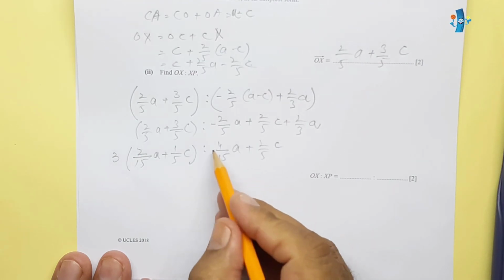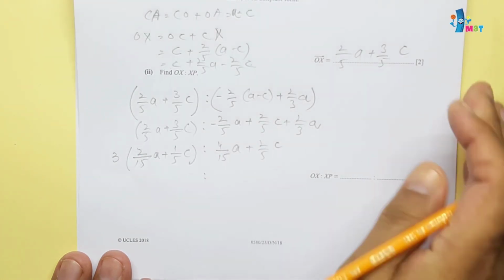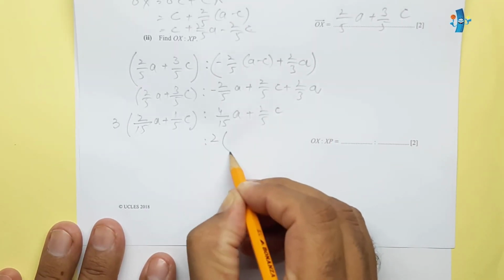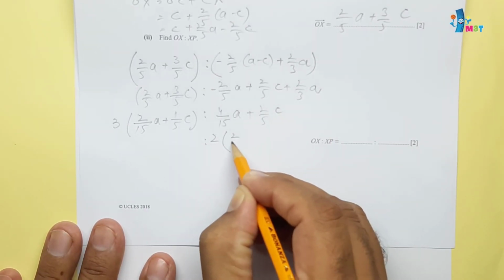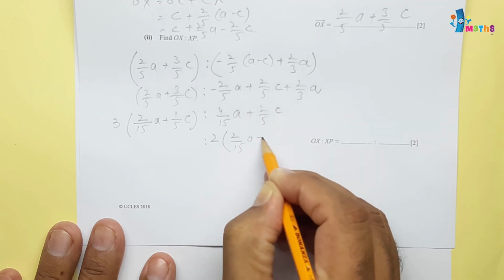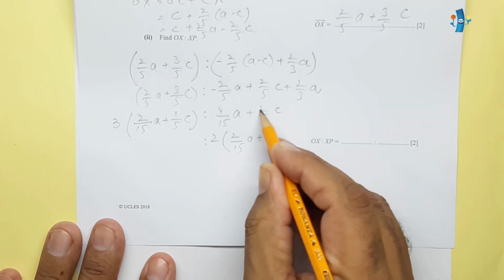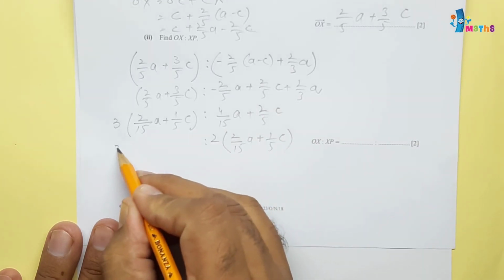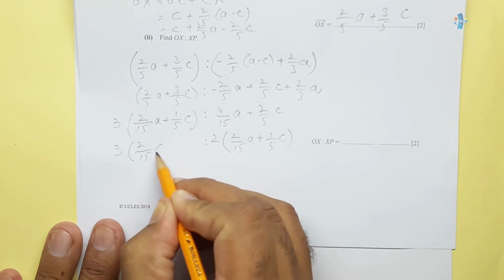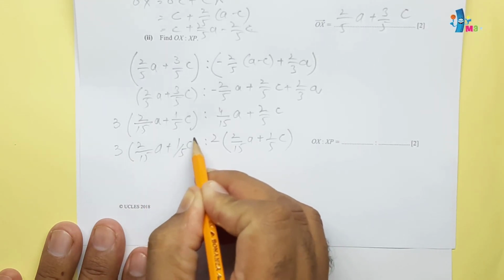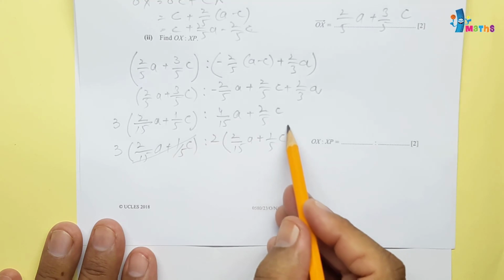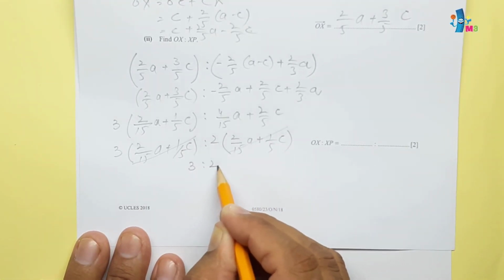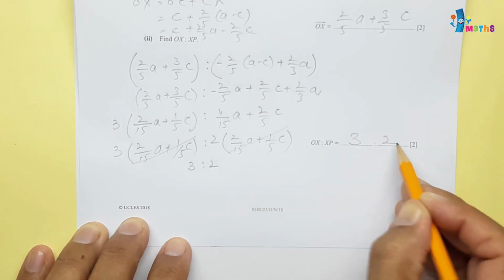And from this side, we can take 2 common, and inside will be 2 over 15A plus 1 by 5C, and this will be 3 into 2 over 15A plus 1 over 5C. If you check, this one is same, so we can cancel this. It will be 3 ratio 2, and we can write here 3 ratio 2.